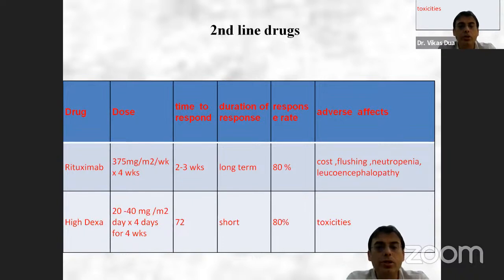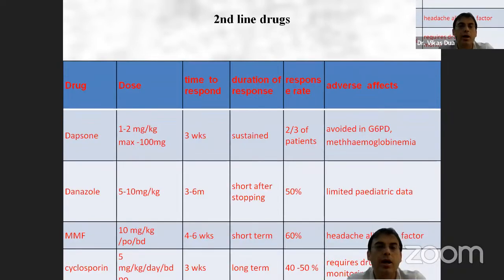Though the duration of response is short lasting, the response happens in around 80% patients. And as this is a high dose dexa, there are quite a number of toxicities associated with it. Other medicines like dapsone, danazol, MMF have got their own side effects and they show a response in around 50 to 60% patients.